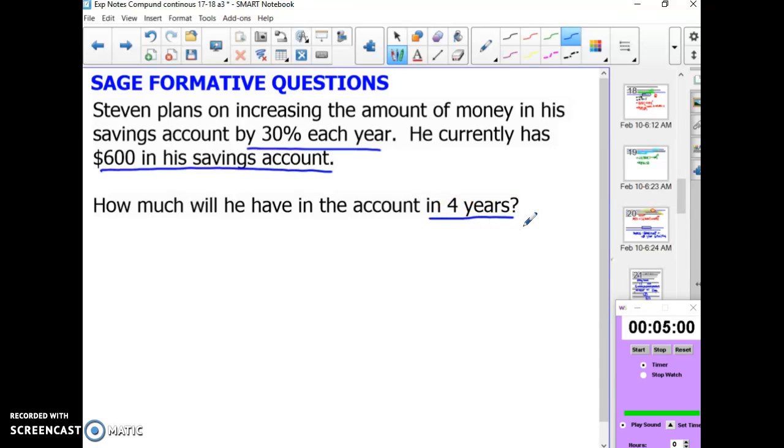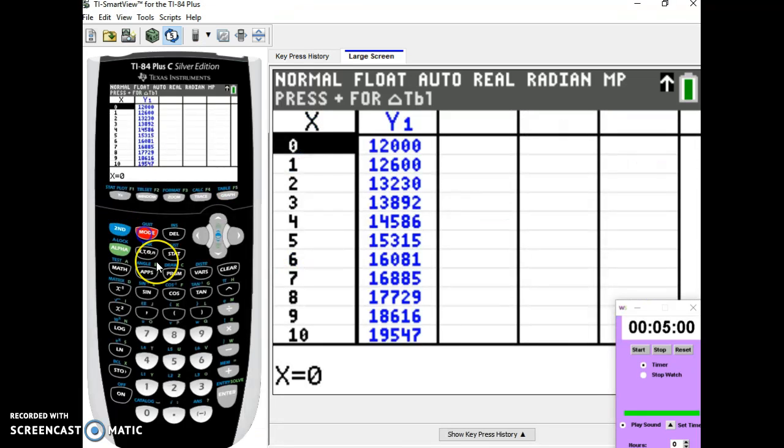So setting myself up, he starts with 600. He wants to know how much he's going to have in 4 years. So then in the center, I need to go 1 plus that 30%, which is 0.3. So I go to a calculator, I plug and I chug.